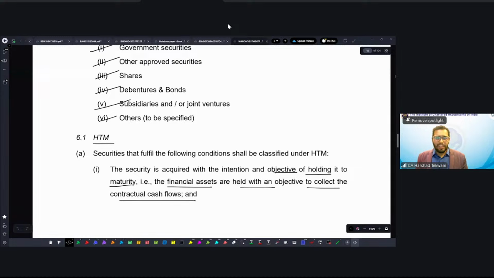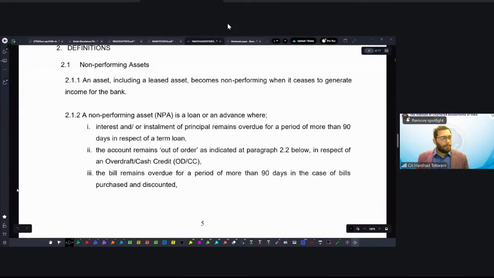And again, for the classification of these advances or the assets, I'll show you something. See, the definition of NPA, non-performing asset, talks about a loan or an advance. So NPA includes a loan or advance.